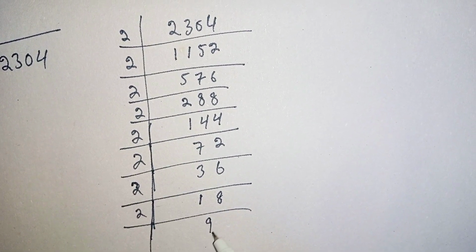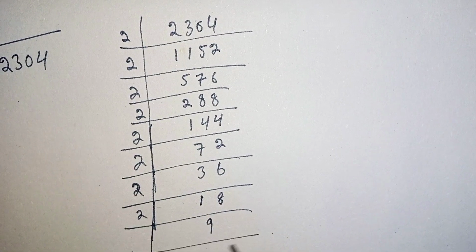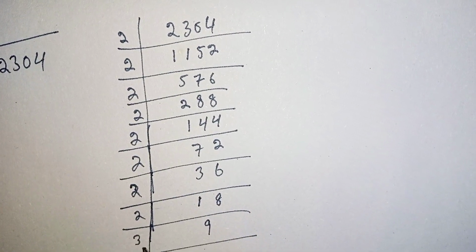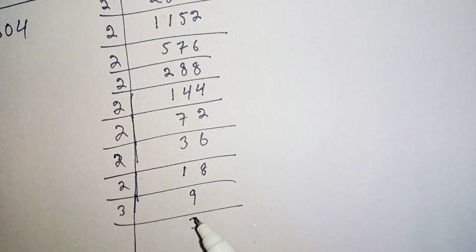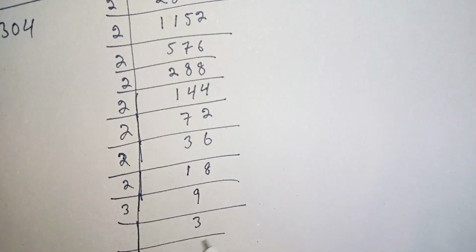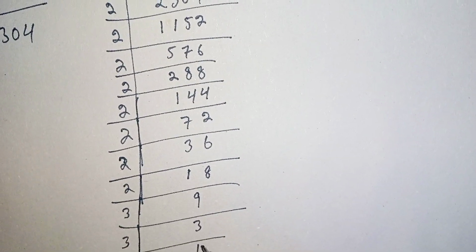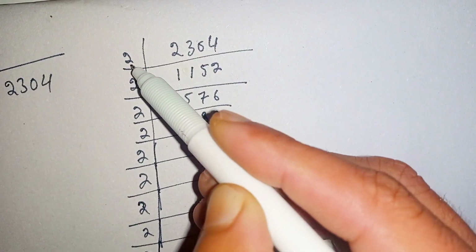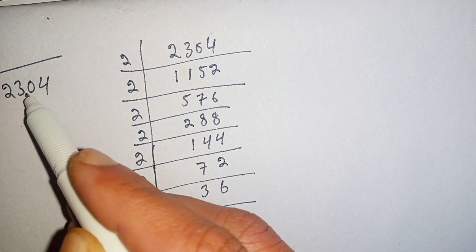Now we cannot divide 9 by 2, so we will divide 9 by 3. So 3 times 3 is 9 and 3 times 1 is 3. So these are the prime factors of 2304.